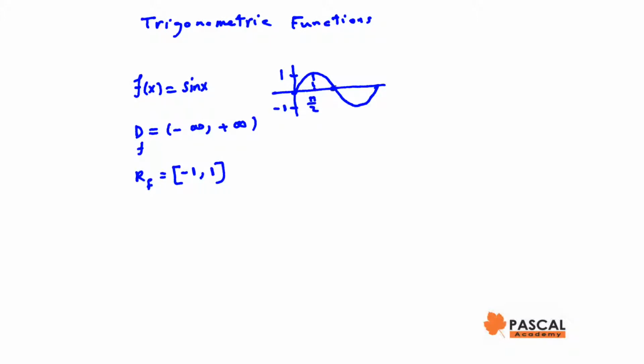At 0, pi, 2 pi, and so on, f of x is 0. Therefore, k pi and 0, when k is an integer, are the x-intercepts.